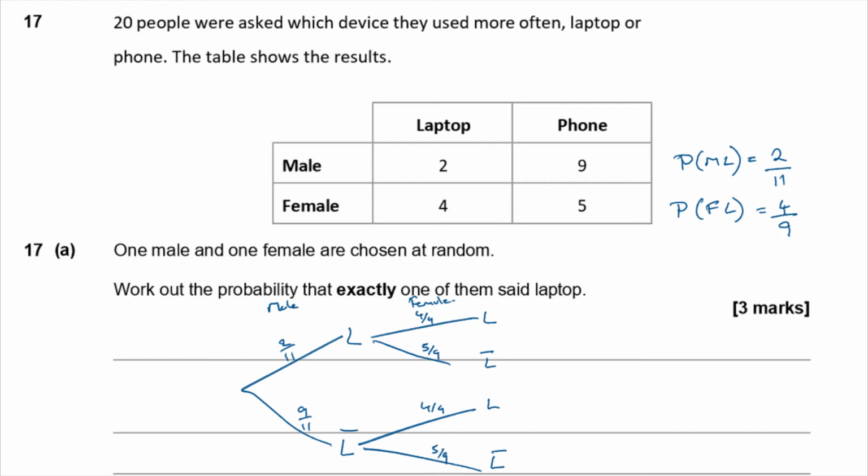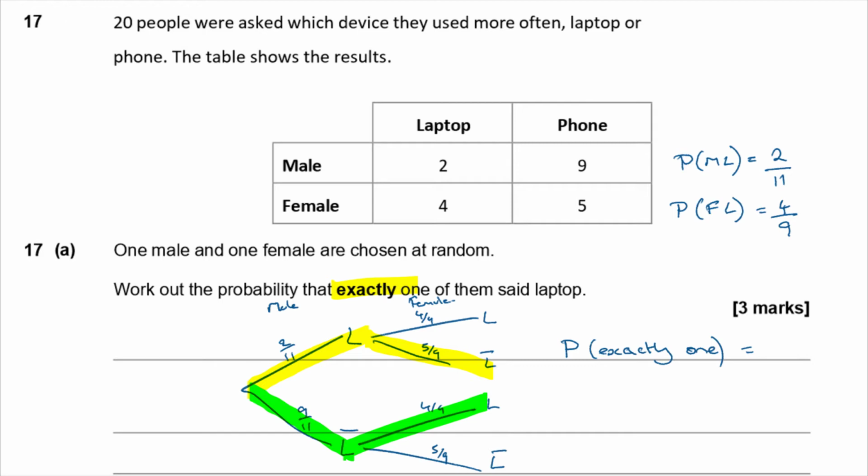Okay, so then we're interested in exactly one of them said laptop. So the probability of exactly one, that is going to be either that the male said laptop and the female didn't, or it's going to be that the male didn't say laptop, but the female did.